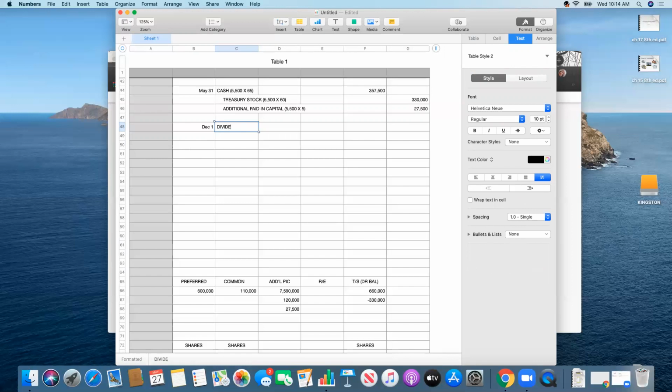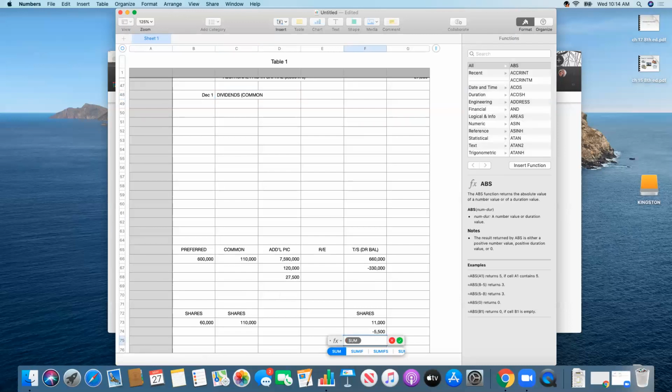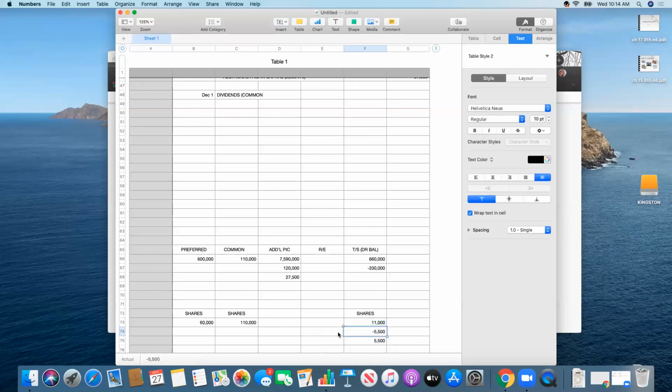Dividends, common. How many shares of common will get the dividend? Well, that's why we're so glad that we did this here. So remember, the outstanding shares get the dividend. So how many shares of common are there outstanding?